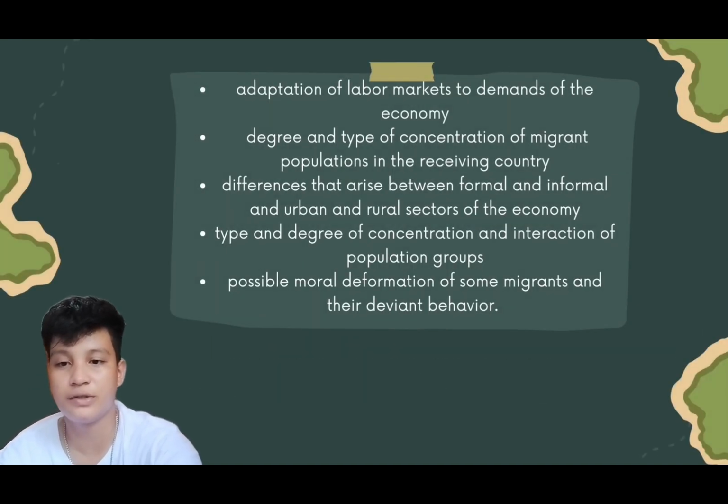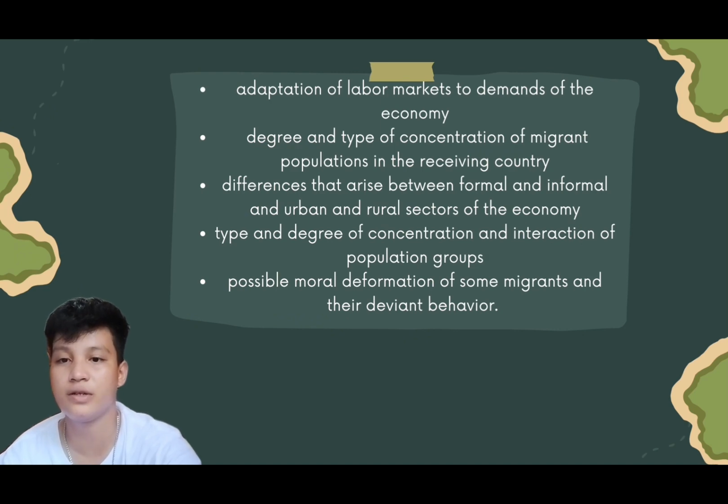So these receiving countries do benefit from the infusion of skills, but governments must also do everything possible to facilitate the integration of refugees. So, the consequences of migration for developing countries include the adaptation of labor markets to demands of the economic degree, and consideration of migrant populations in receiving countries, and the differences that arise between formal and informal and urban and rural sectors of the economy.